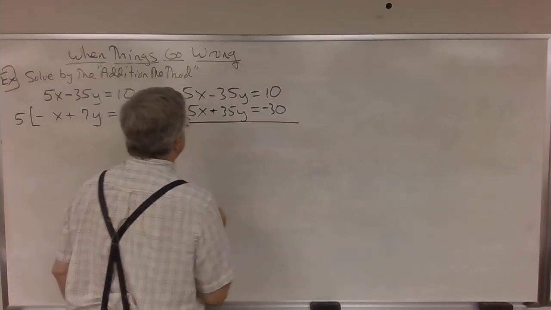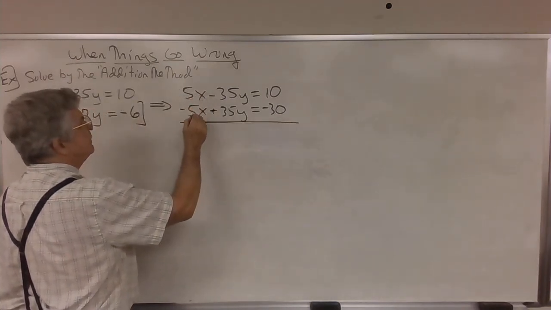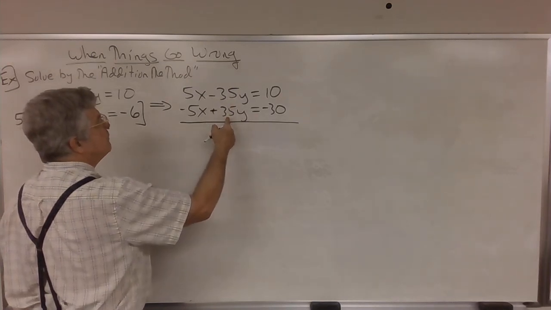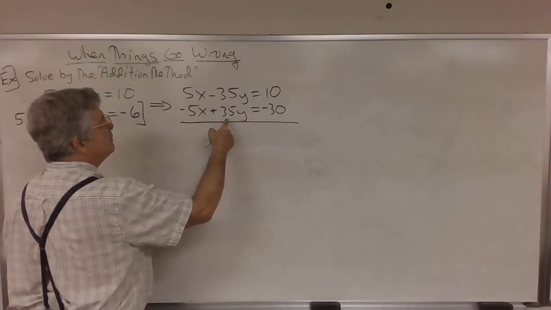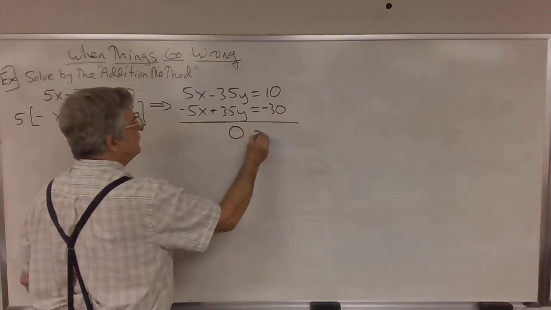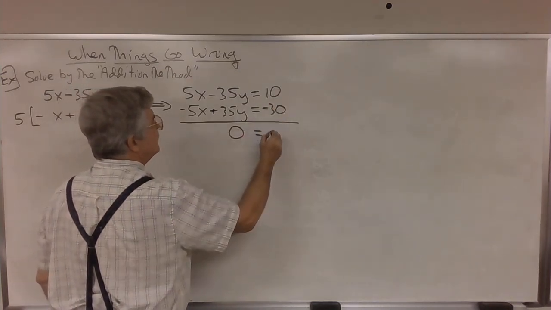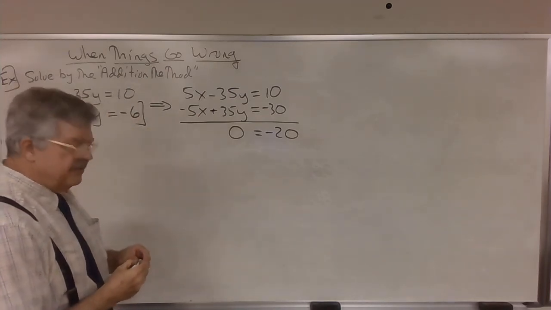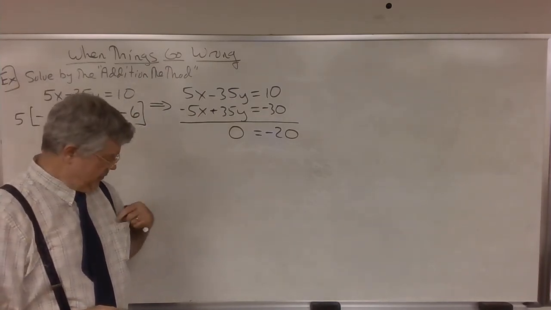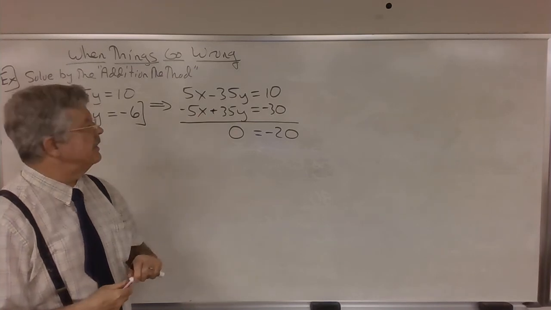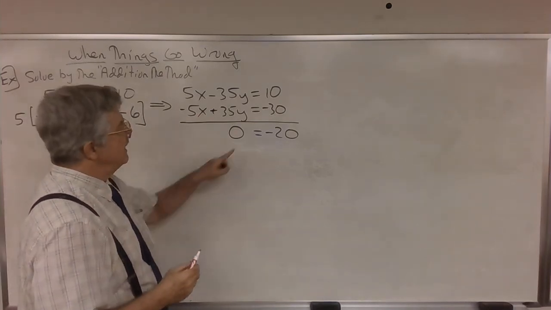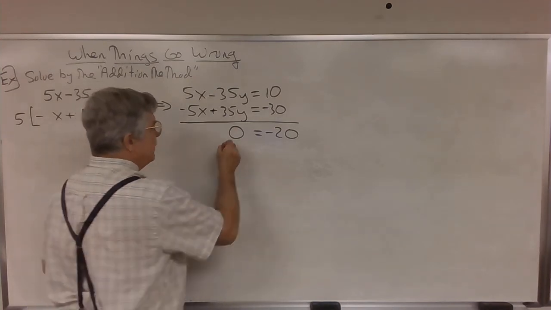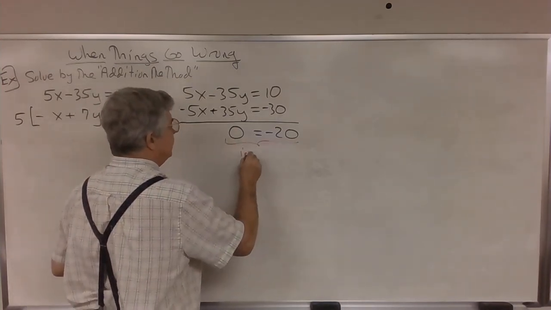And I add the two together. 5x plus negative 5x is 0. Negative 35y plus 35y is 0. 10 plus negative 30 is negative 20. Now this is even more perplexing than what happened in the first scenario. How can 0 be equal to negative 20? It can't. This is impossible.